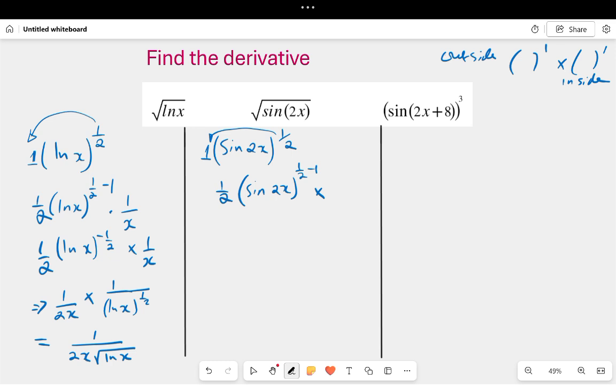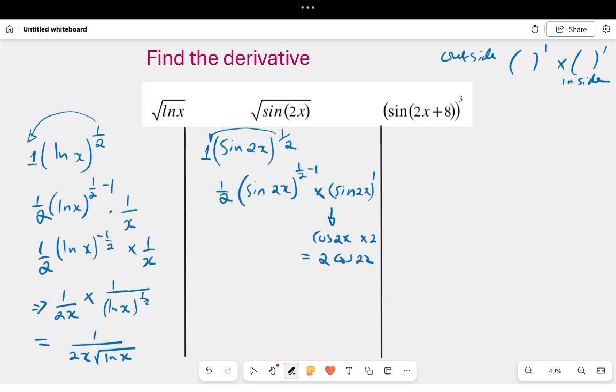What is the derivative of sine 2x? Now the derivative of sine 2x is cosine 2x. You multiply by the derivative of 2x, which is 2. Hence, by simplifying this, we just get 2 cosine 2x.